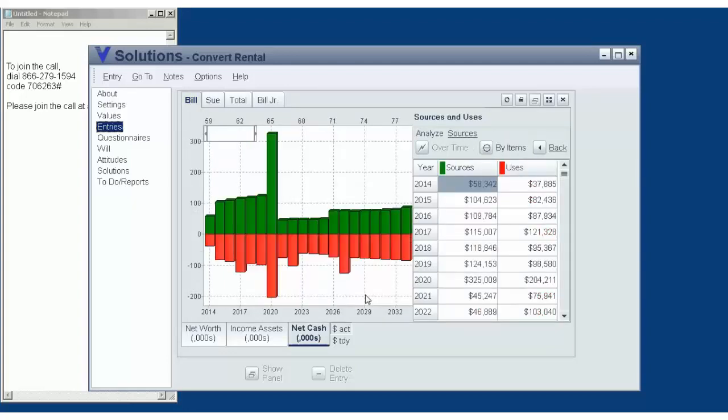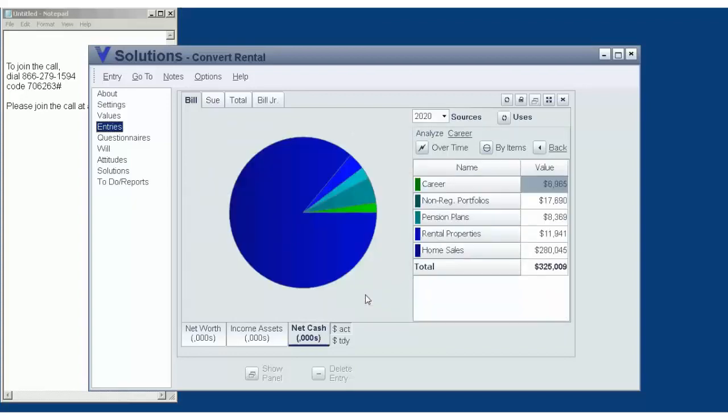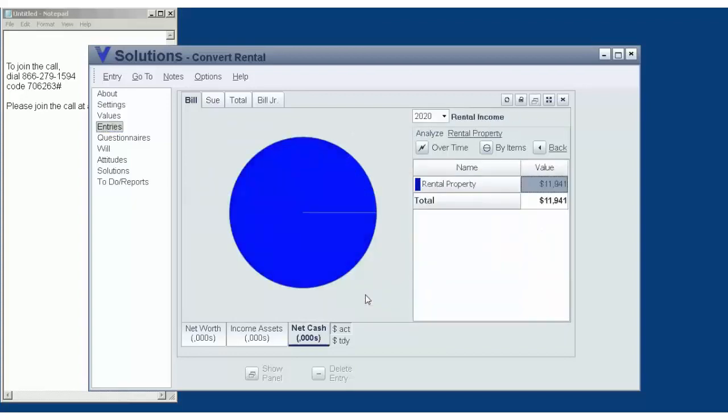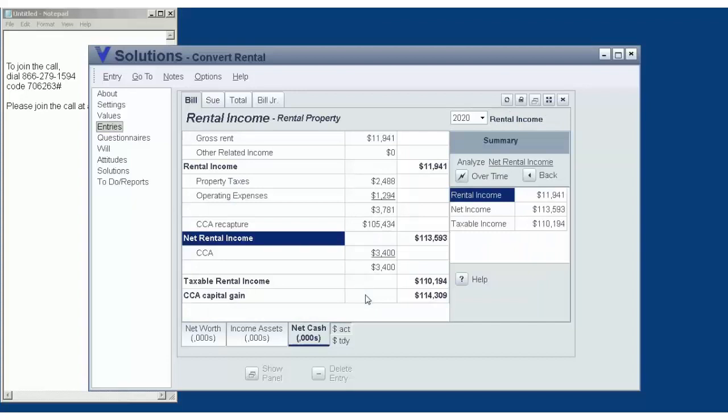And just to refresh your memory, if you go to rental properties, when we sell the rental property, what ends up happening is that if we've been claiming capital cost allowance all along, then when we sell it, we have a CCA recapture and we have a CCA capital gain.